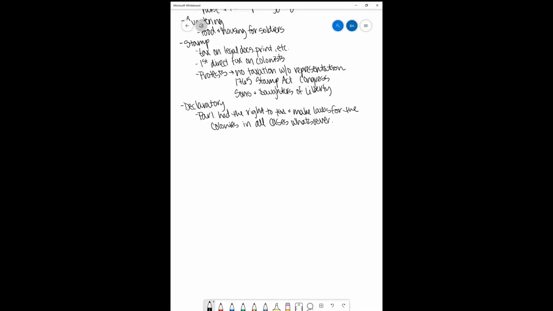So basically saying, guess what? Your idea from the Stamp Act Congress, the no taxation without representation, guess what we're saying? Yeah, we have your right. So then this leads to the Townshend Acts.